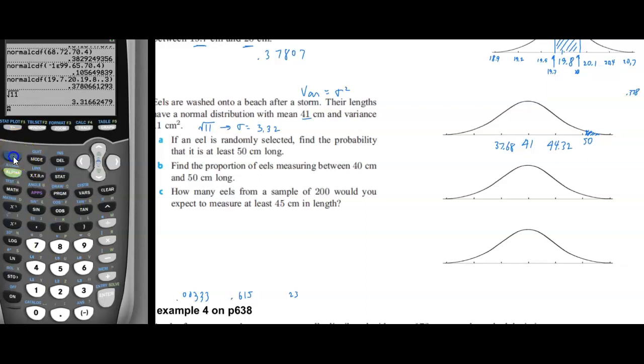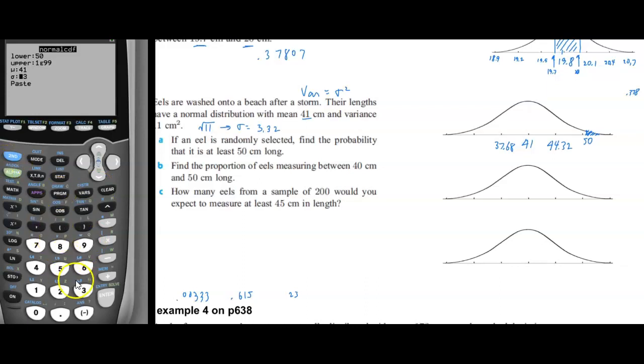So we're going to do second distribution, norm CDF, and then in this case we want 50 to infinity, right? So we're going to do 50 for the lower and then infinity, which would be 1 EE 99 as positive infinity, and then our mean is going to be 41, and the sigma value is either going to be square root of 11 or we can put 3.32.